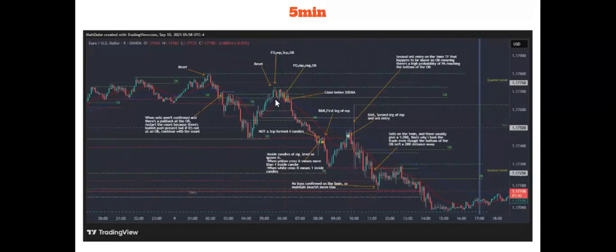So when this happens, I look at the last bearish candle coming off of a pullback. It could be the last bearish candle before the break of structure, but if it's not forming a pullback, that will not be a place where I would mark out my 5 minute order block. So the yellow line symbolizes a 5 minute order block. The yellow line with the OB on it shows us that this is a 15-minute order block.